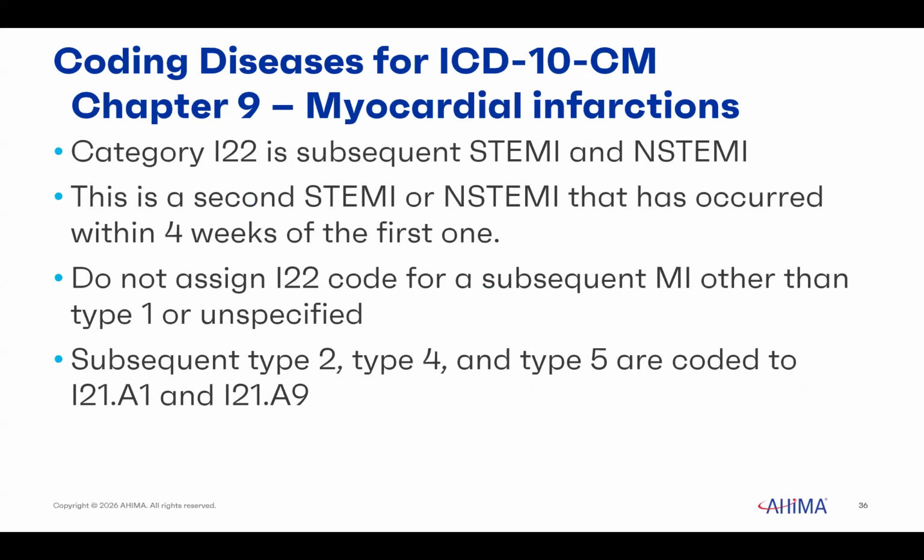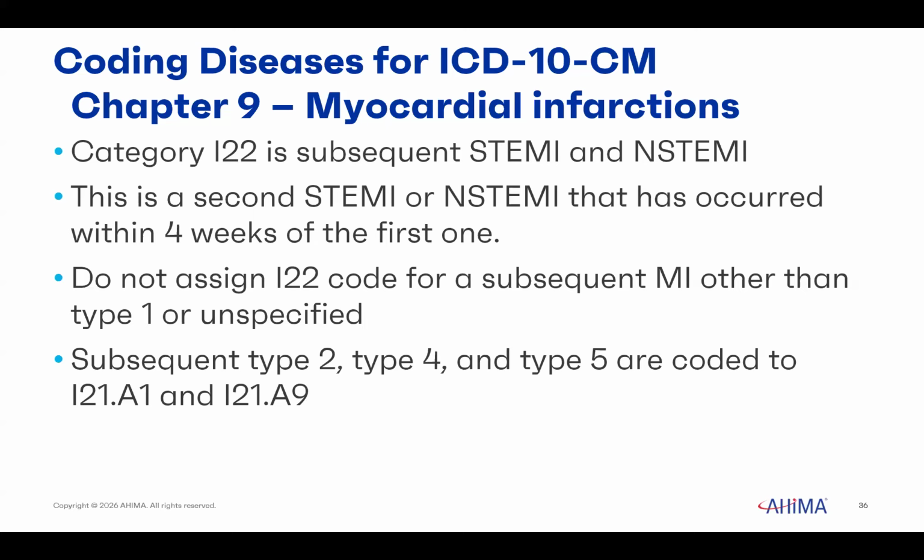I22 is a very important code, and the definition of this is one that occurs within 4 weeks of the first myocardial infarction. We assign an I22 code for a subsequent MI only if it is a type 1 or unspecified. So it's got to be either a type 1 or an unspecified type and within 4 weeks.